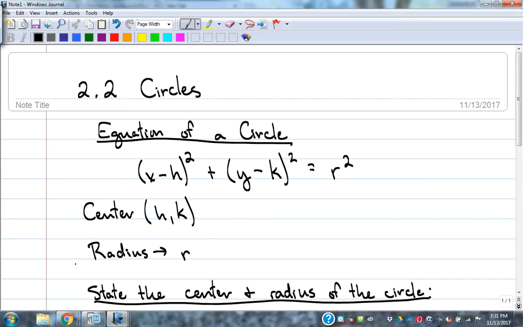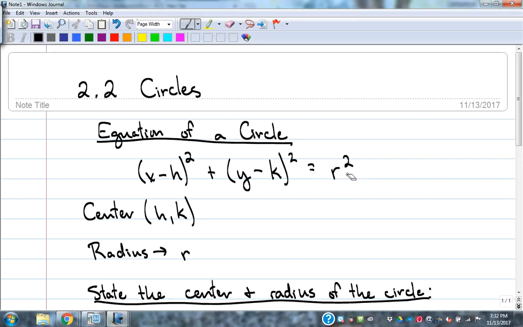All right, so equations of circles. The standard form for the equation of a circle is this: (x minus h) squared plus, always a plus sign, (y minus k) squared is equal to r squared.